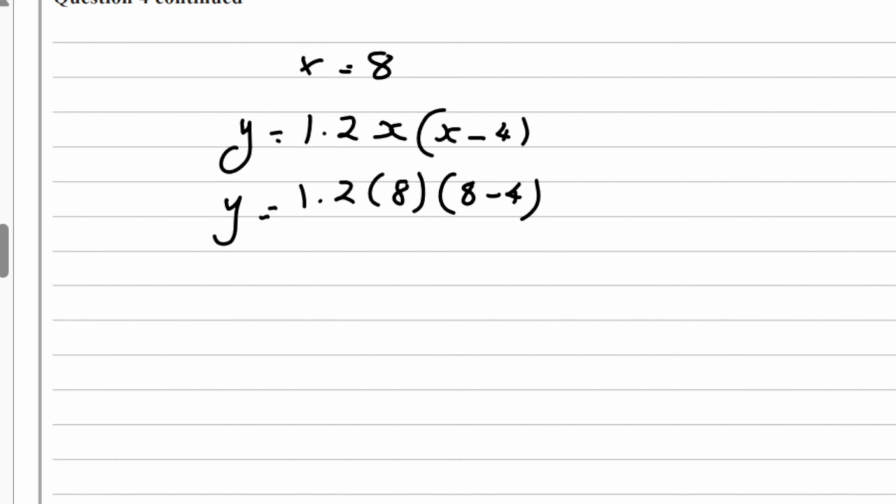Don't think of this a lot, just write it in the calculator. 1.2, 8 minus 4, which is 4. That gives you 38.4. That's your point, and that's your final answer.